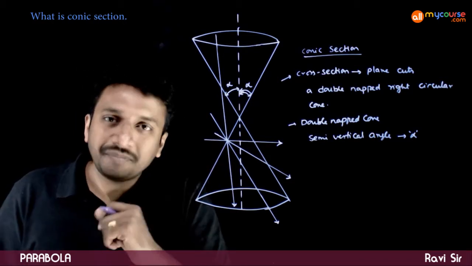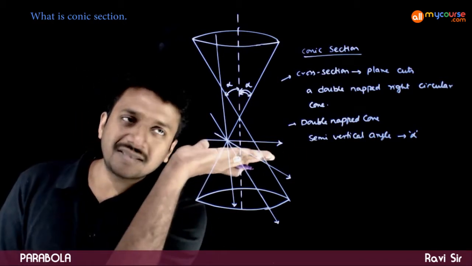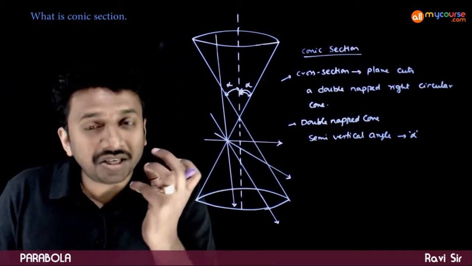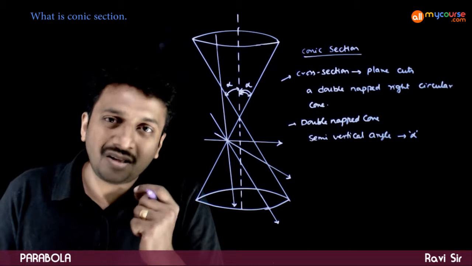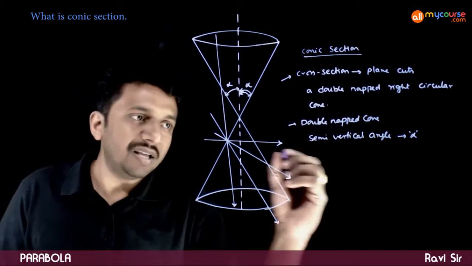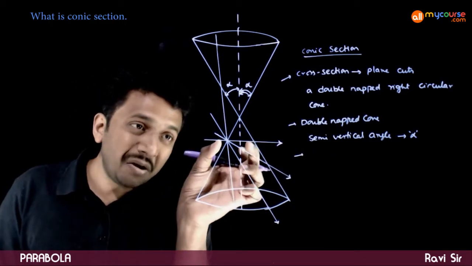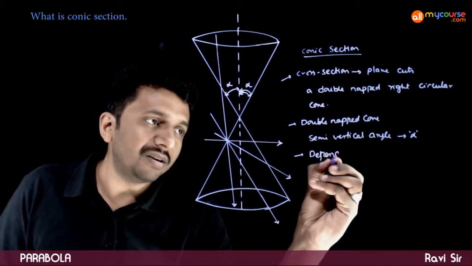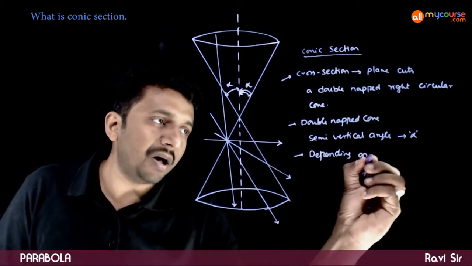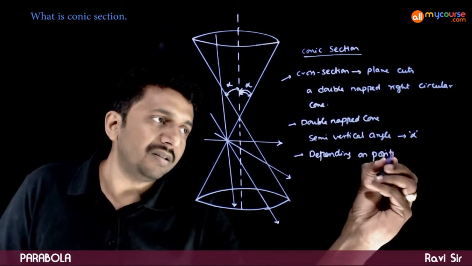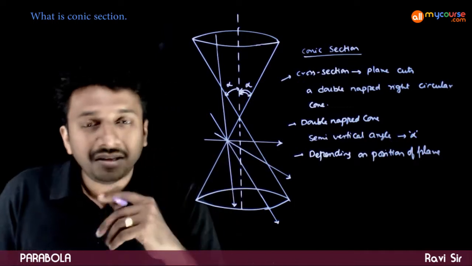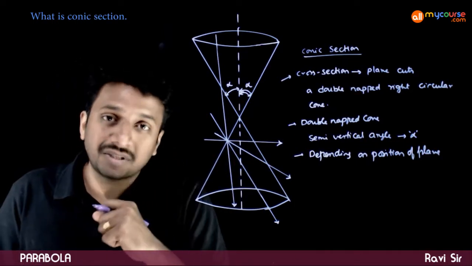Now you take a plane and cut this cone. The cross section which you get is called a conic section. Depending on the position of the plane, you get different types of cross sections.